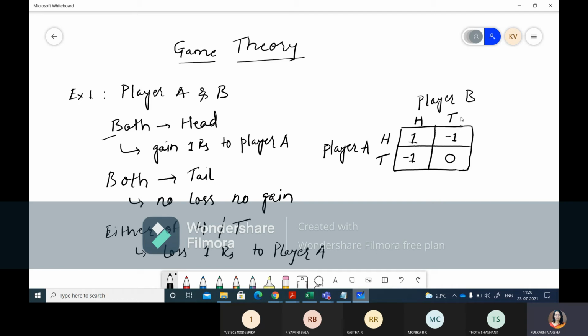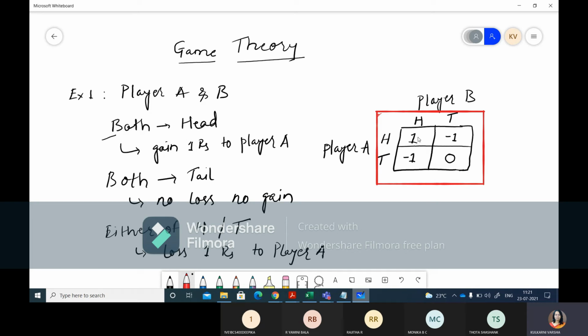So that's why we are telling this is the payoff matrix which we have written. We have seen that there are two strategies for each player, either head or tail, right?